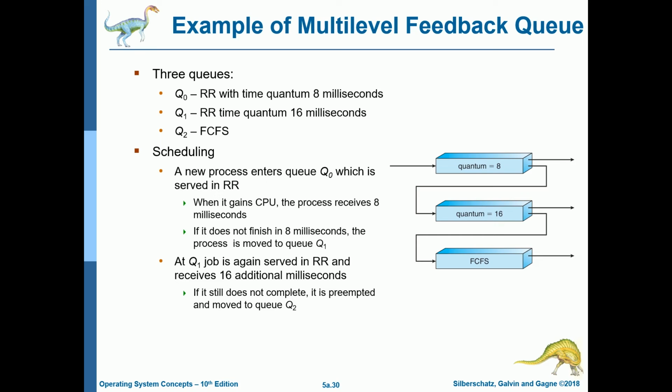Now, if it doesn't complete, it is preempted and then put into Q2. Processes in Q2 are run on a first come, first served basis, but are run only when Q0 and Q1 are both empty. To prevent starvation, a process that waits too long in a lower priority queue may gradually be moved up to a higher priority queue.